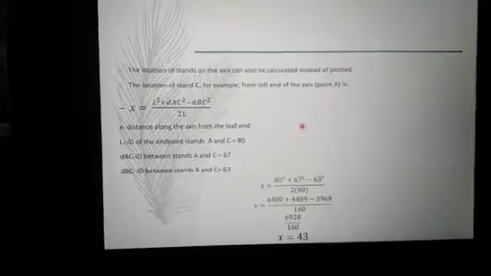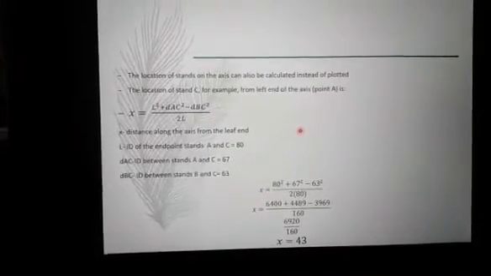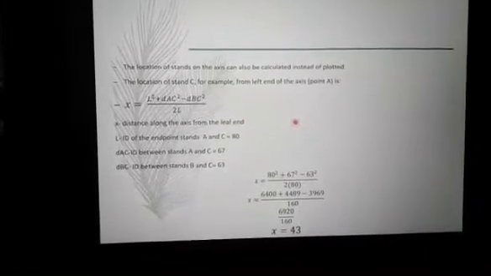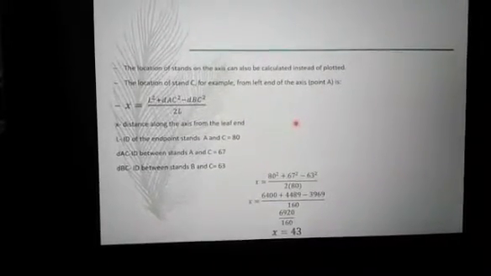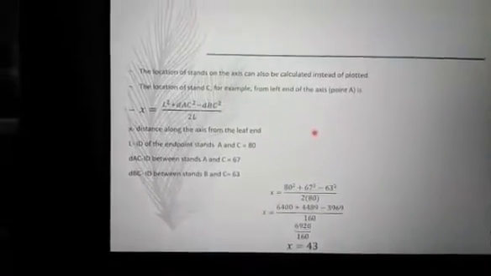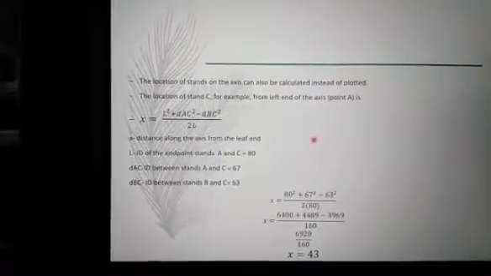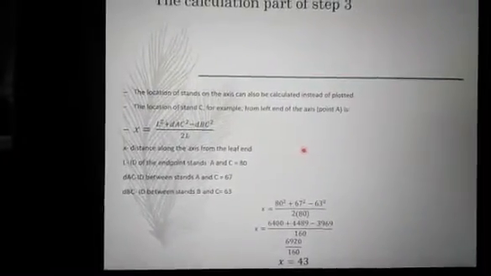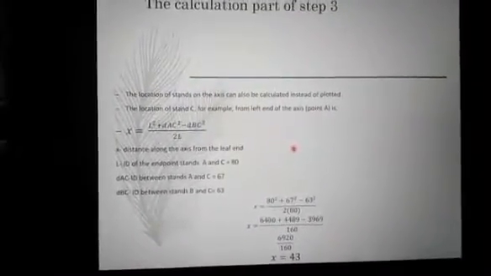Therefore, x would be equal to 80 squared plus 67 squared minus 63 squared over 2 times 80. Then you calculate that and you locate your point. So this should be the simplest way.